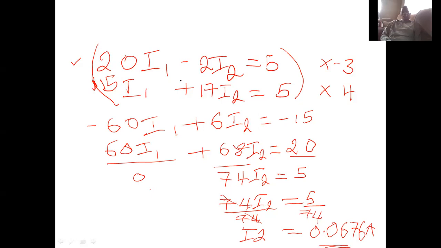We substitute this current there. It means that we'll be able to get I1. And so we have the equation 20I1 minus 2I2 is equal to 5.